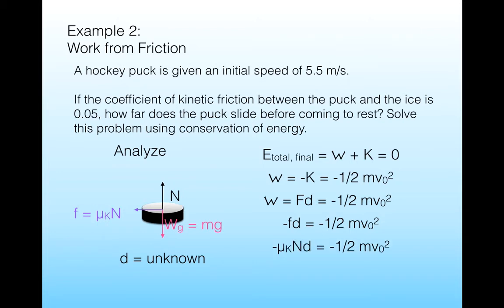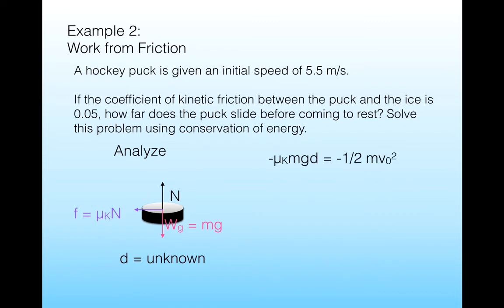We can replace little f with mu sub k times the normal force, and we can of course replace the normal force with the weight due to gravity because it's balanced in that direction. So the weight becomes mg, and that leaves us with this equation, which now has only one unknown, which is this distance d, our unknown that we're looking for. So we need to solve for that.